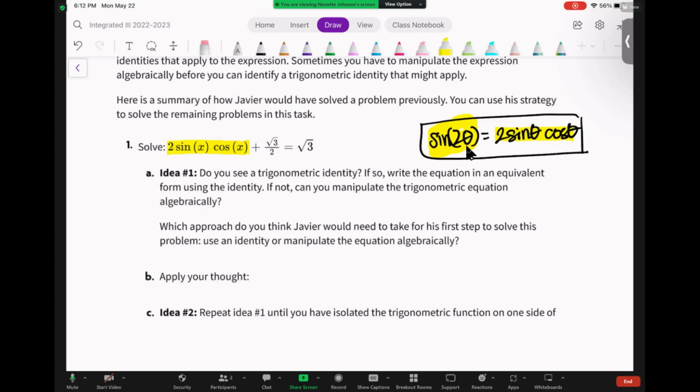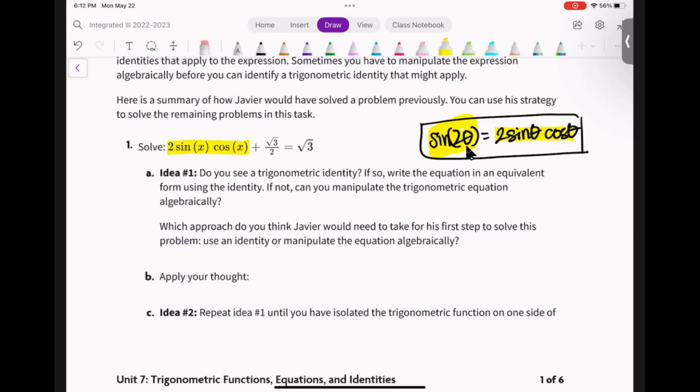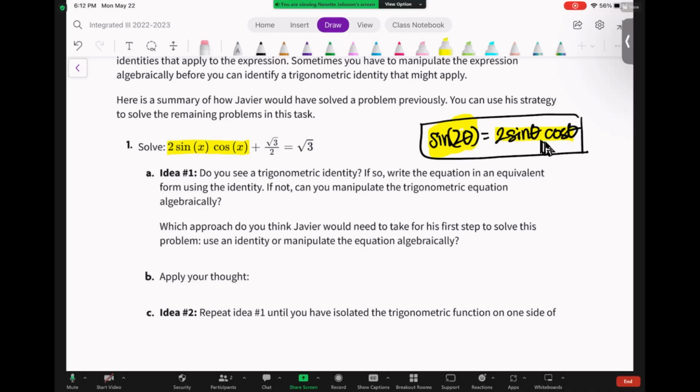So remember, like back in 7th grade, one of your jobs was to put all the variables on one side and you combined like terms. Well, that's kind of what you're doing here, because now I have one theta as opposed to two separate thetas that are now being multiplied, right? I'm taking the sine of theta, multiplying it by the cosine theta.